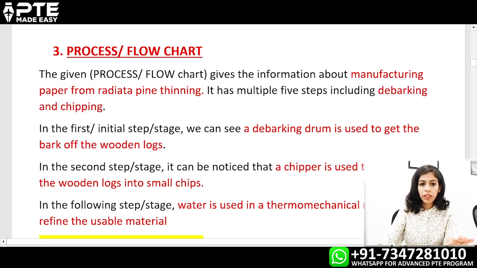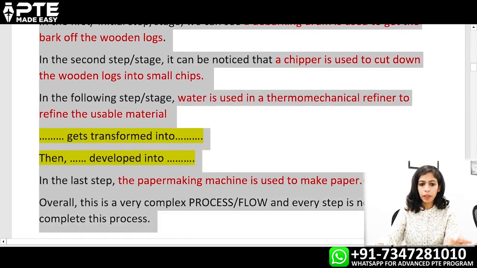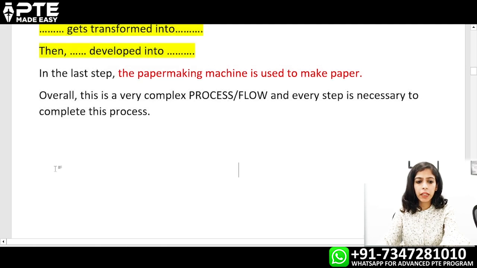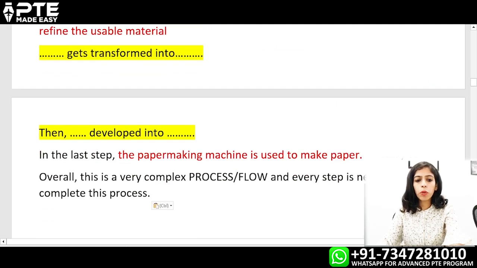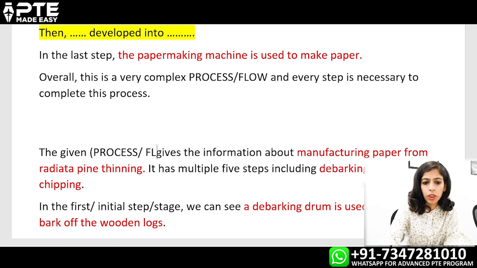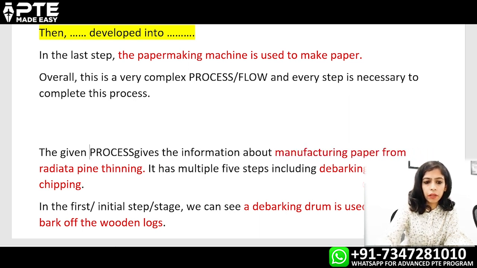Okay. So what can we easily do? We have this template. Let's take this template. I am going to copy this template and I'll share how you can write the answer and how many words it will be. So the given process chart. Let's remove flow chart from here.